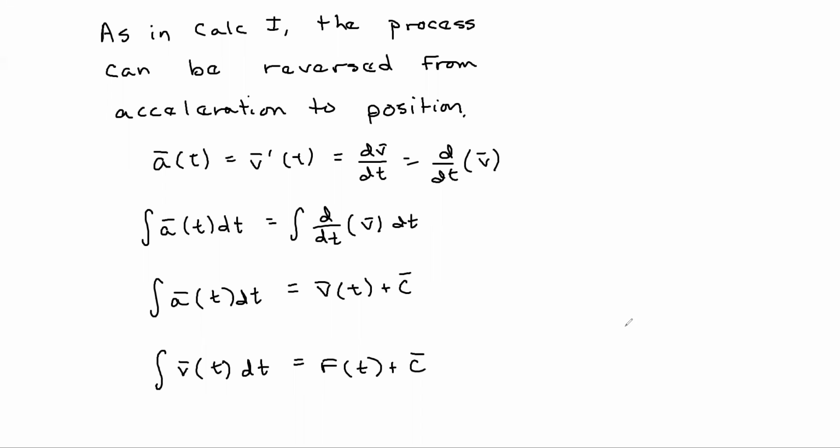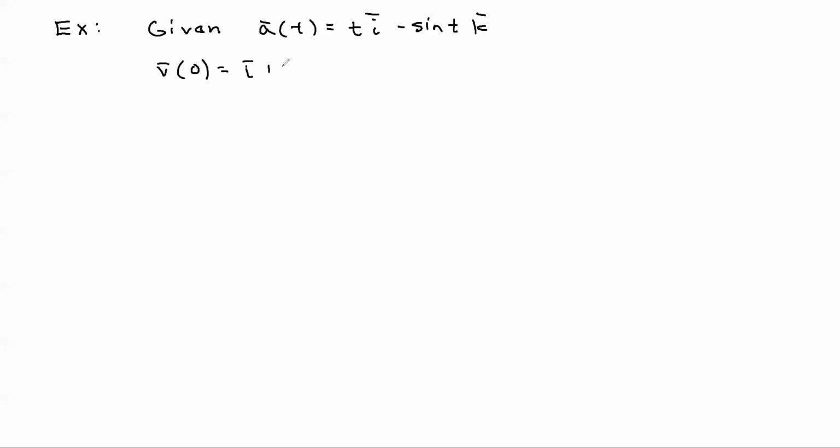Let's see an example with that. Given that the acceleration is equal to ti minus sine tk, where v of 0 equals i plus j, and r of 0 equals negative 2i plus k.